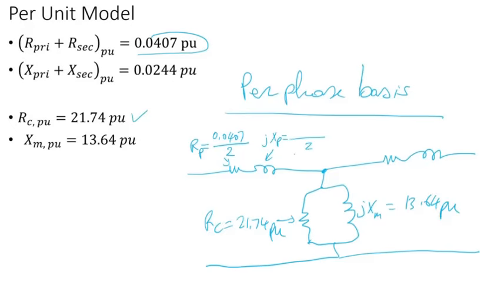Again, we don't have a way to calculate the primary and secondary reactance or even resistance separately, so we can make an assumption and just divide it by 2. For reactance, I'm just going to take this and divide it by 2. And do the same thing here. So RS, secondary, is equal to RP, and JXS is equal to JXP.